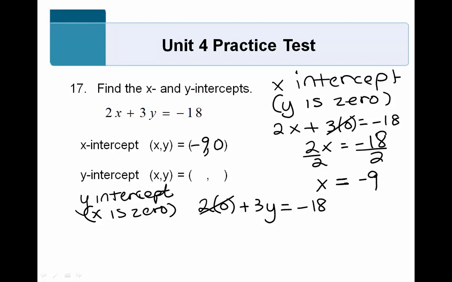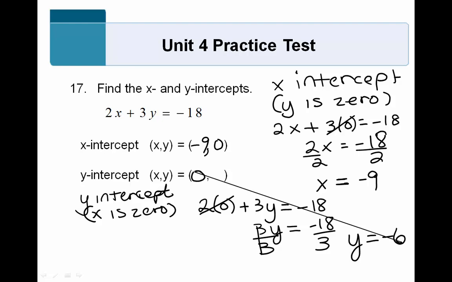So we just have 3y equals -18. Divide both sides by 3, and you see y is equal to -6. So your y-intercept, we plugged in 0 for x. Y is negative 6. What did I do again?